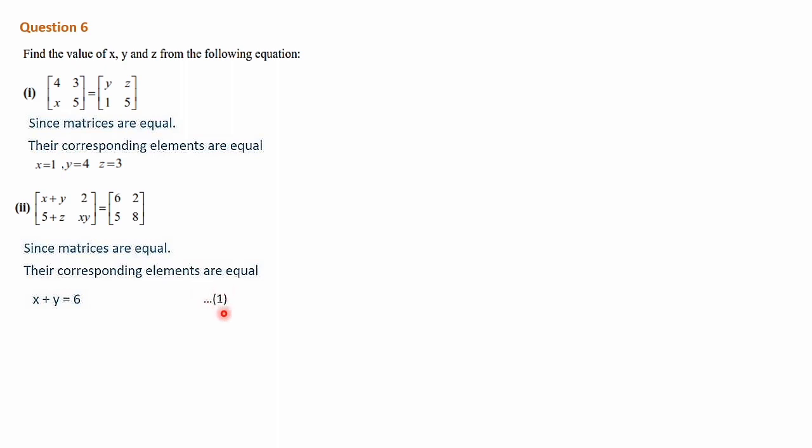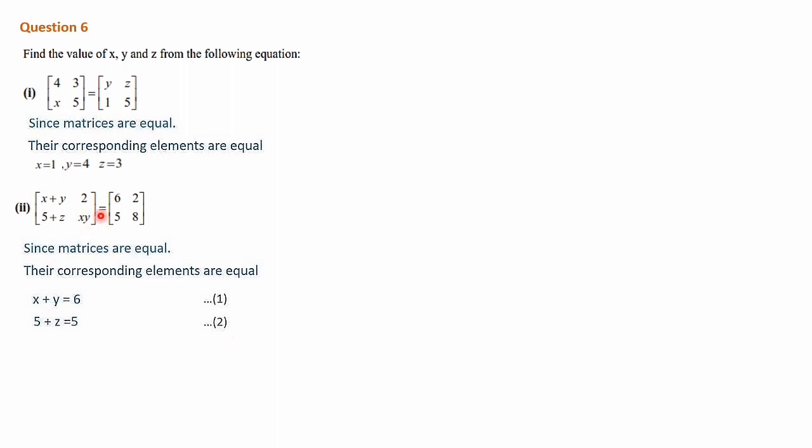Here we are not directly getting the variable values, so we have to form the equations and then solve those equations to get the variable values. So x plus y is 6, which we have labeled as equation number 1. Next is 5 plus z, the second row first element in the first matrix. Here the second row first element in the second matrix is 5. So 5 plus z is equal to 5. Label it as equation number 2.